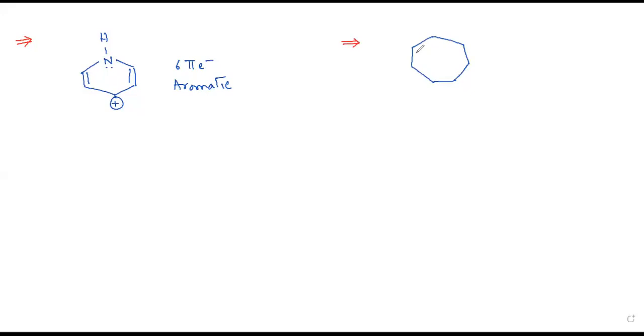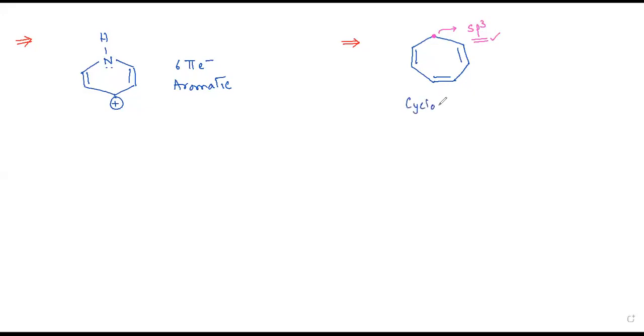See, this is cycloheptatriene. Now look at this particular carbon. It is of sp3 type, right?